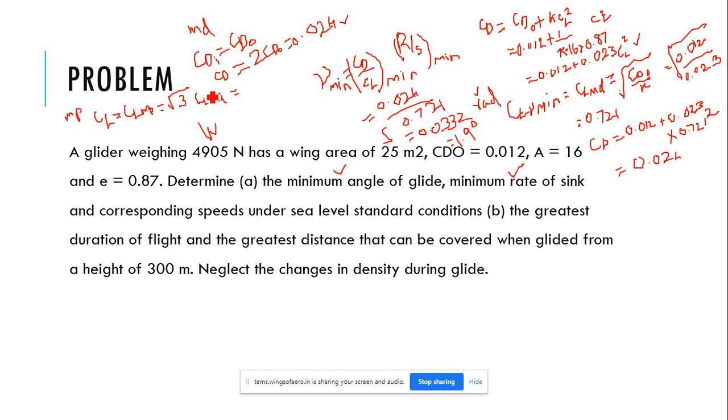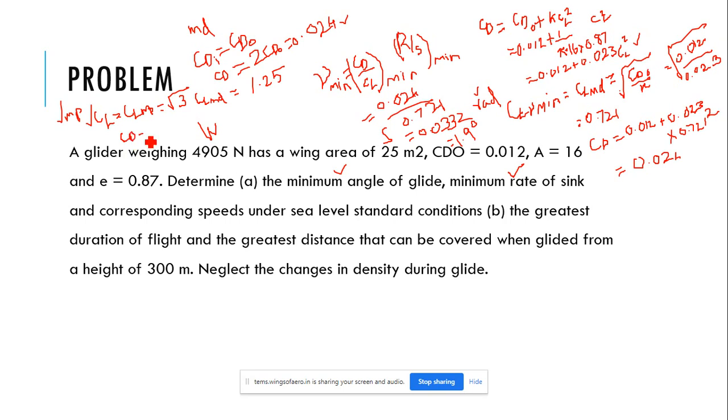That means square root of 3 into 0.721. We will be getting the answer like 1.25. So we found the value for CL for minimum power condition.